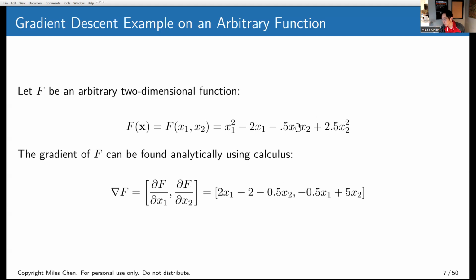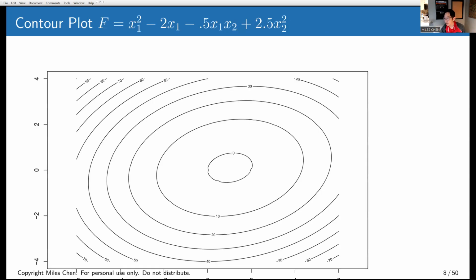Taking the partial derivative with respect to x2, this zeroes out, that zeroes out, and I get negative 0.5 x1 plus 5 x2. So that's going to be my gradient function.